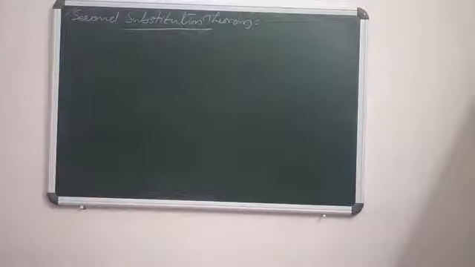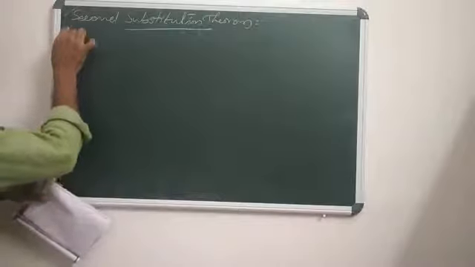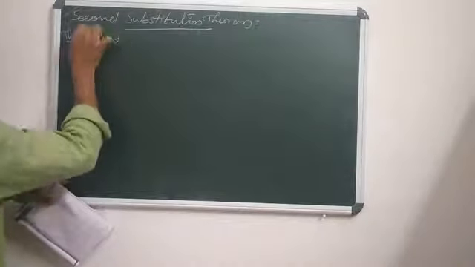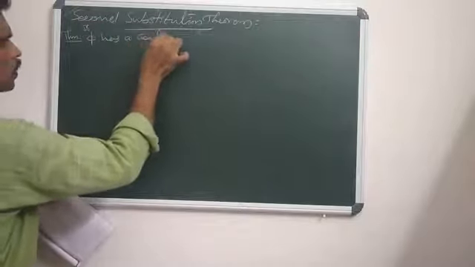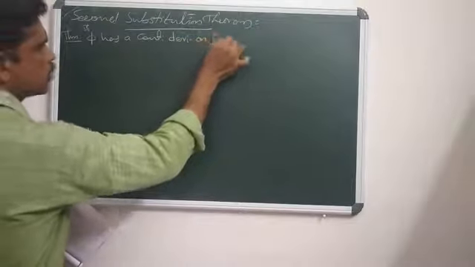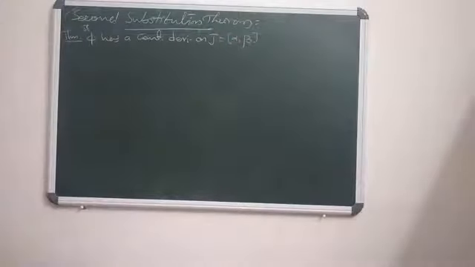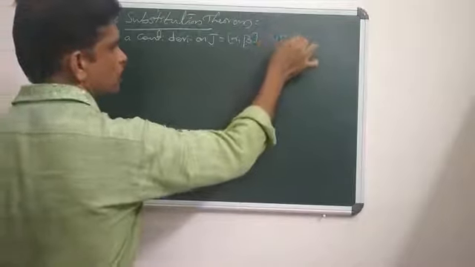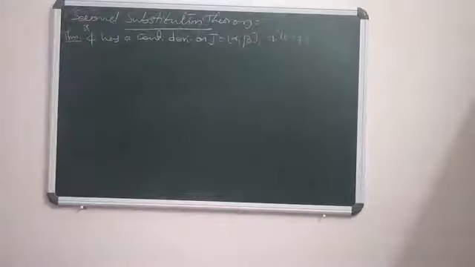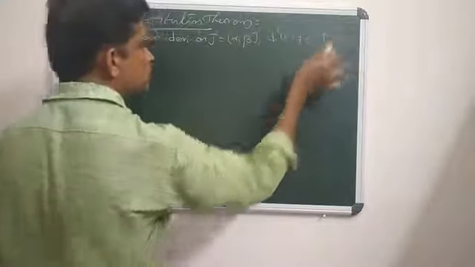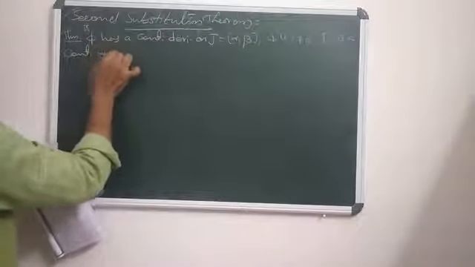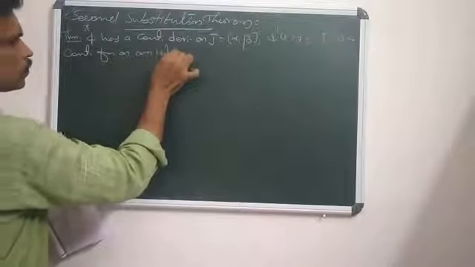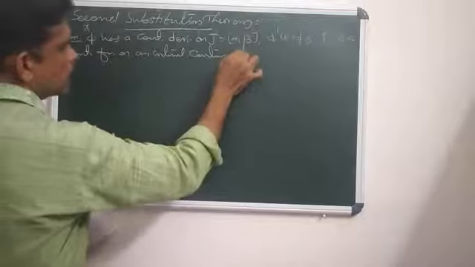The statement is: if phi has a continuous derivative on J, the closed interval alpha beta, and phi dash t strictly differs from 0 for all t, and capital F is a continuous function on an interval containing phi of J.